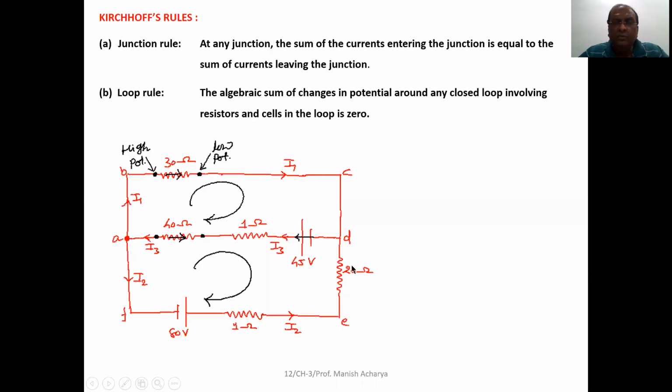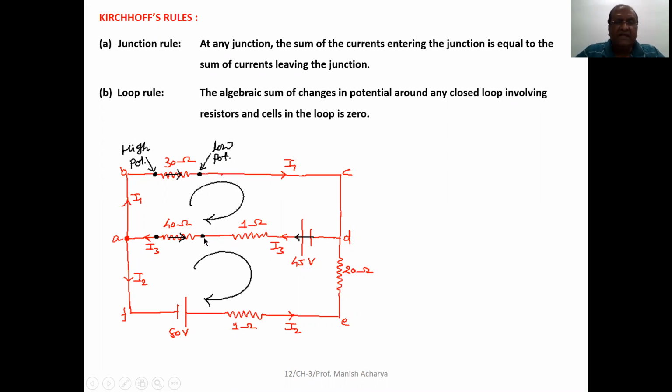Now, how many loops are there in this particular network? Loop means a closed circuit in which the components are connected. So here a total of 3 loops are there. See, A, B, C, D, A is one loop.